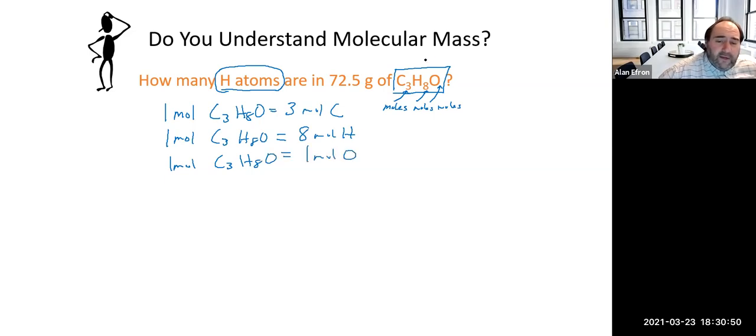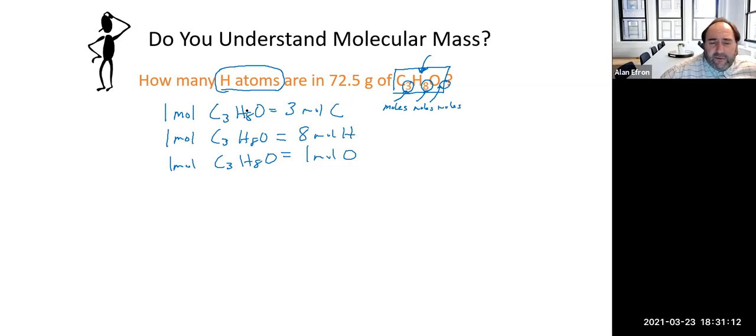So if we're not interested in the whole thing, which is sometimes a very common question, we can actually use the chemical formula as kind of a conversion factor, using those numbers or subscripts on the bottom as how many moles there are of each of those particular elements. Any questions on that?